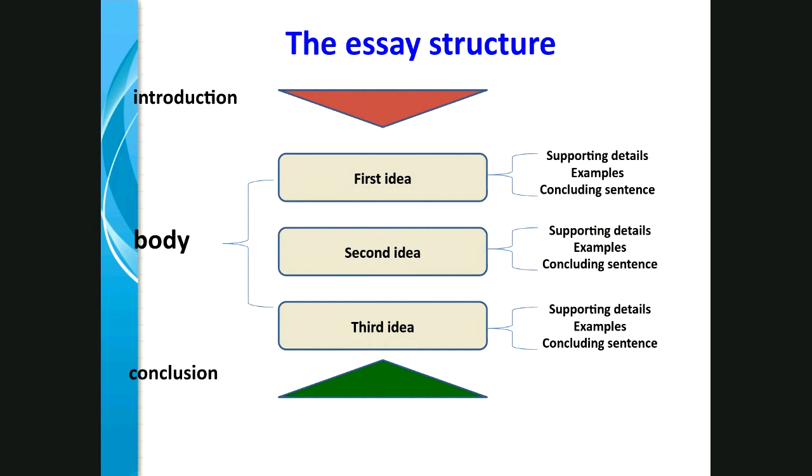The introduction, as I have mentioned, shows what you are going to write about. So just write one sentence to give background information to the reader. The second sentence will be your thesis statement: what do you think about this topic? So these are just 2 to 3 sentences in length, and the conclusion just restates what you have already mentioned. It's okay to paraphrase your introduction and then add your own opinion.